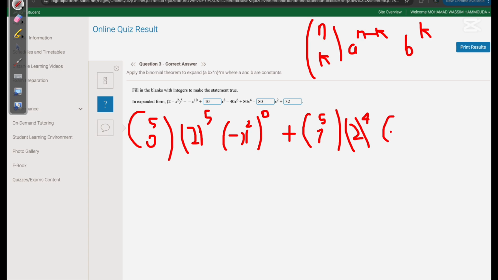So then negative x squared to the 1, plus 5c2. They want here till x is 10, which means 5c5.